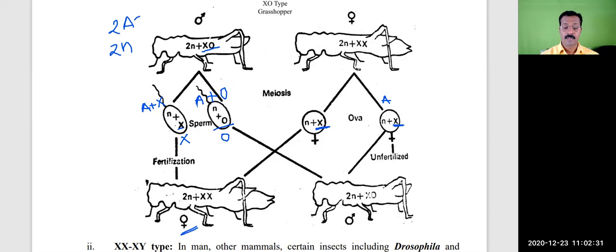And if this one X and this 0 fuse, then it will be X0 and it will form male.